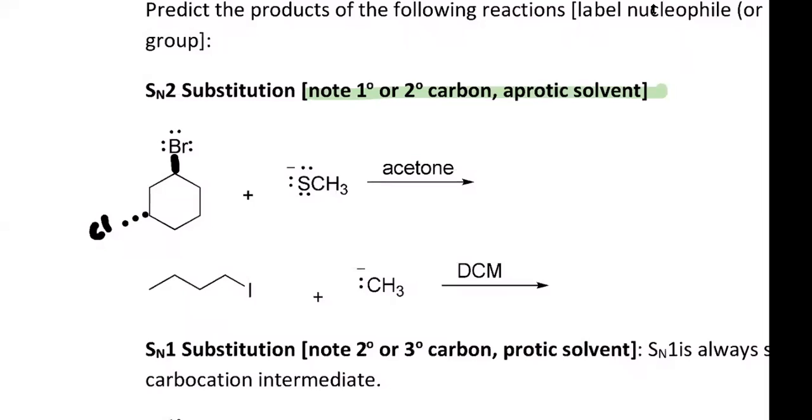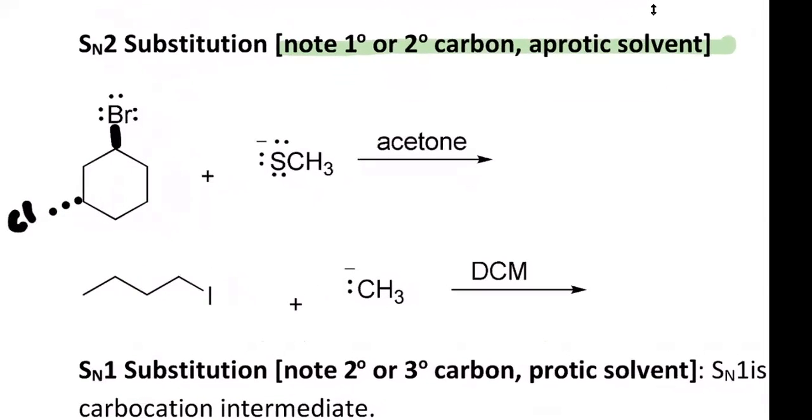So let's do the problems first, and then I'm going to talk about why the aprotic solvent is important for this reaction. What would the product be for the first reaction? It's a substitution, right? Let's identify everything, and that will help us figure out what the product should be. This is my nucleophile.